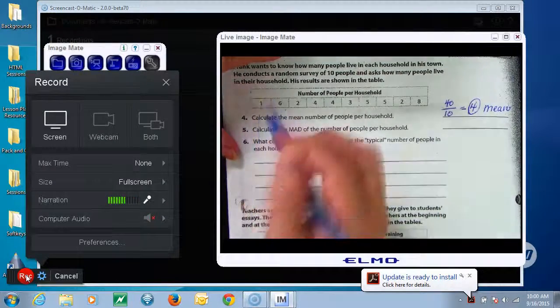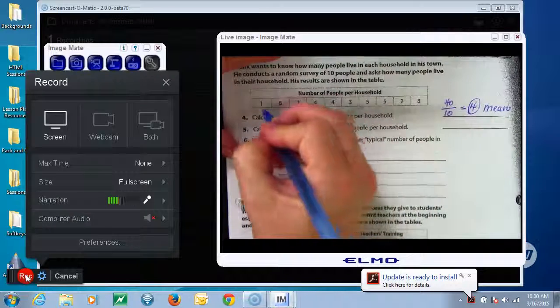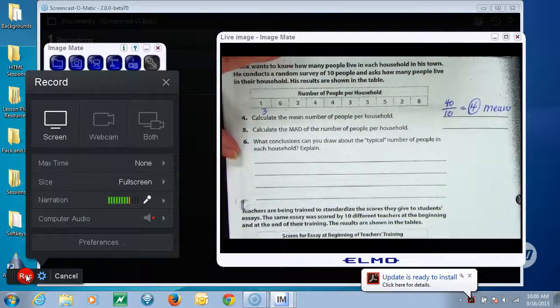Yes. So 4 minus 1. Go. Oh, 3. Now go do all the rest of them. Subtract 4 from each number. Hurry.